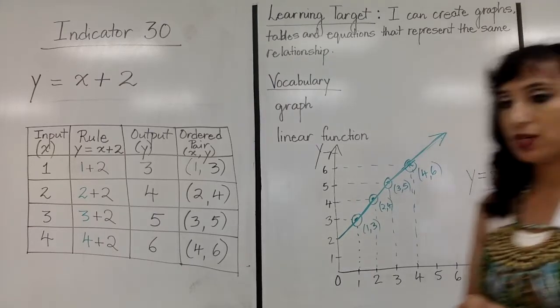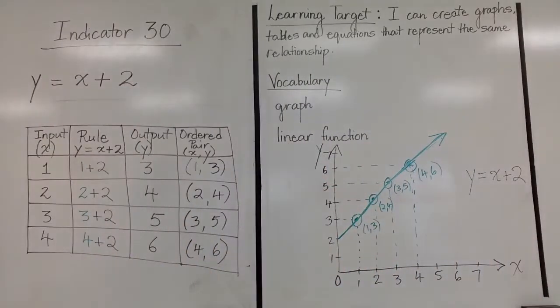Now, since I've just shown you how to graph it based on a rule that is provided to you, I also want to quickly talk to you about what a linear function is. A linear function is a function or a graph in which you have a straight line.